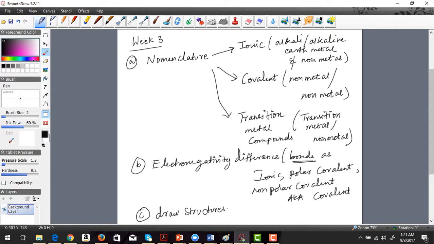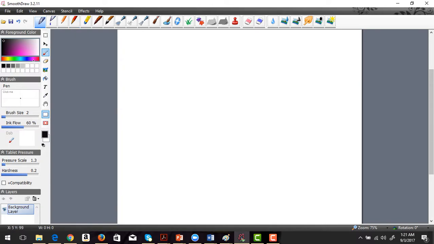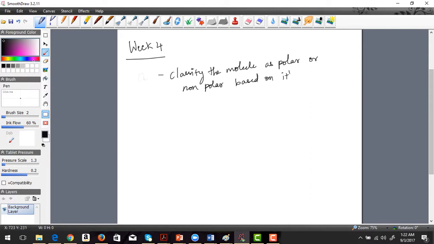Now for week 4. In week 4, we are going to learn to classify the molecule as polar or non-polar, based on its electron pair geometry, and we would also learn about molecular geometry.